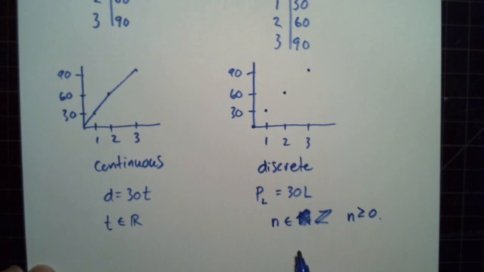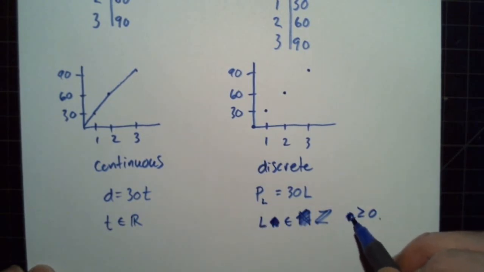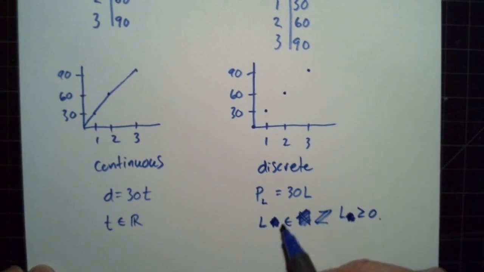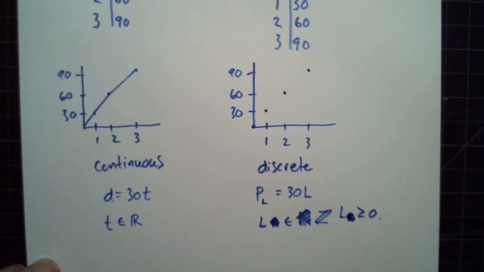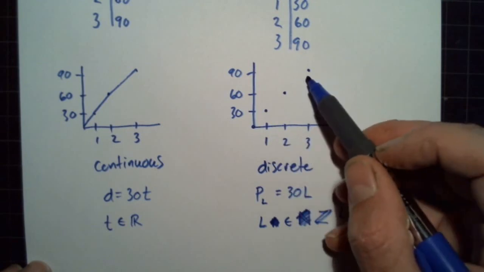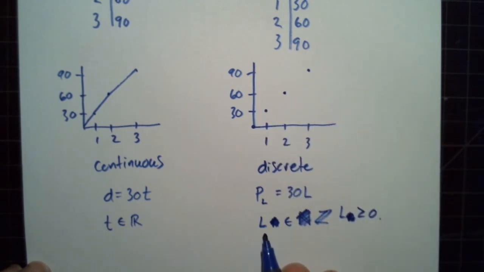Here I shouldn't say n, it should be L. So L is a positive integer including 0, and that just means we're not including fractions for values of L. Okay, so all you need to know from this is what discrete means and how to graph discrete numbers. We don't have to be concerned with this too much.